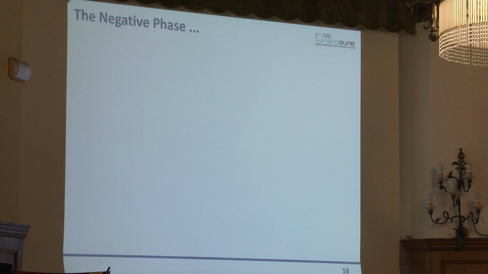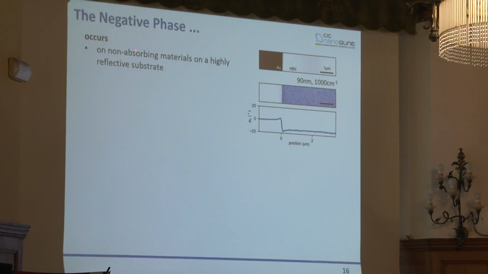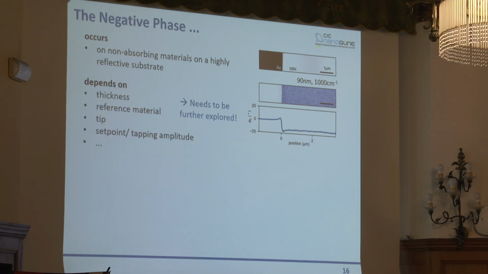So with this, let me summarize. We have the negative phase. It occurs if you have a non-absorbing material on a highly reflective substrate. It depends on the thickness, the reference material, the tip you're using, your measurement parameters, for example, the set point and the tapping amplitude, and maybe even more. So I think here we really need to explore that a bit further.